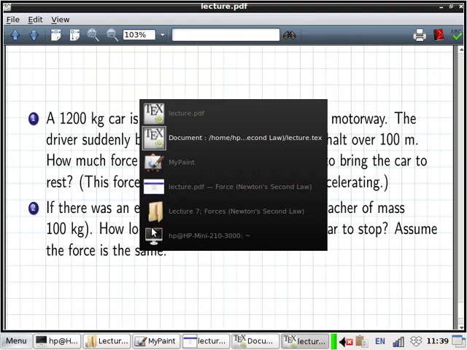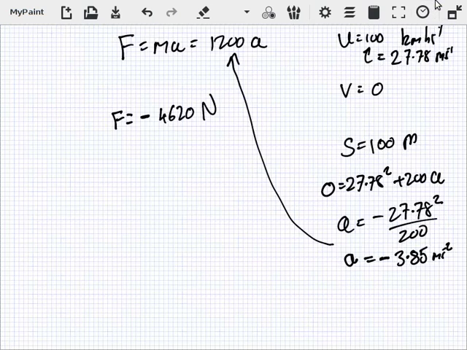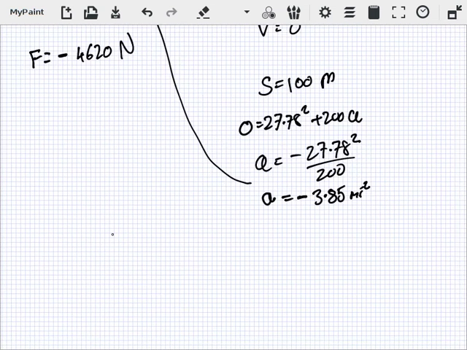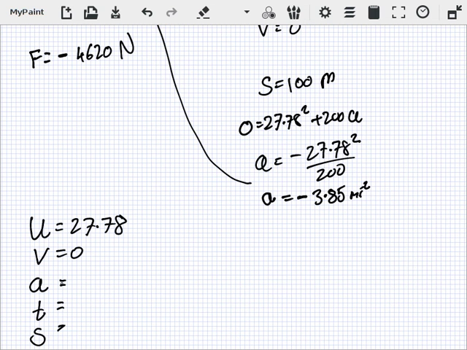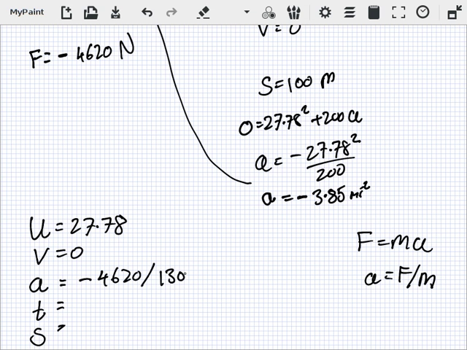Okay, let's maybe think about giving you a little bit of help here. Right, let's get our info here. The U is still 27.78, right? The V is still 0. The A we don't know, the T we don't know, and the S we don't know. But if you look here, we can know the A, because Newton said F equals ma. So A equals F over m. So what am I looking for?